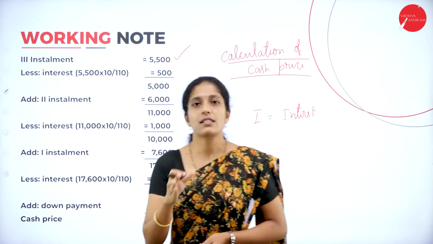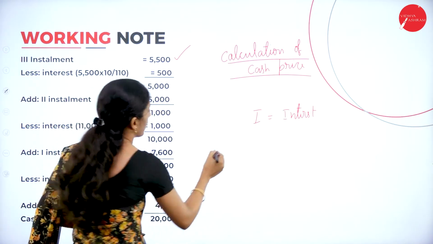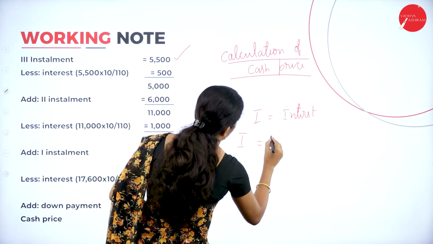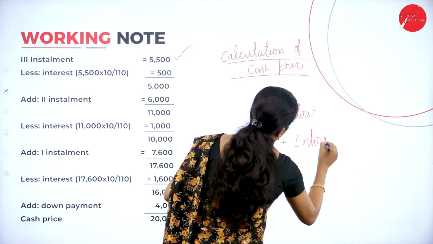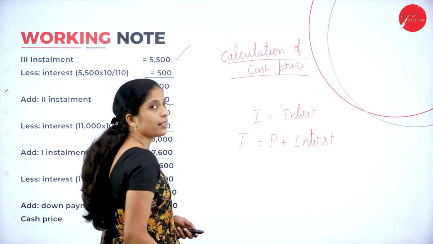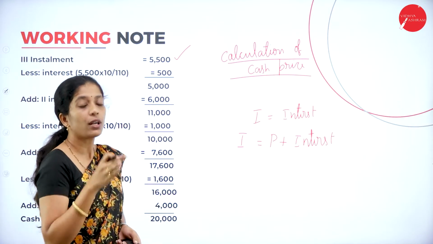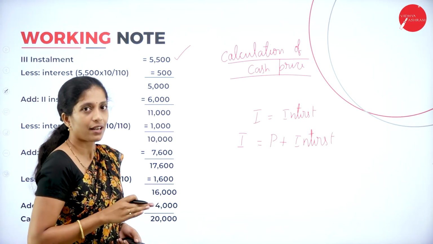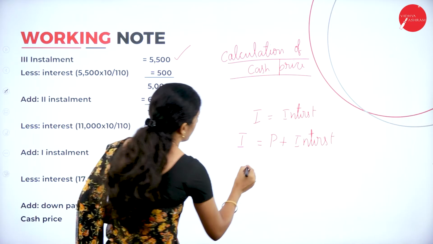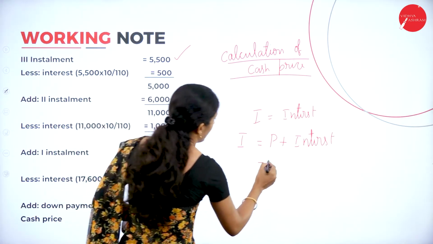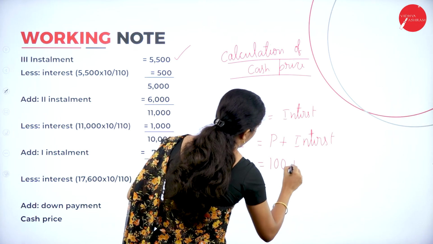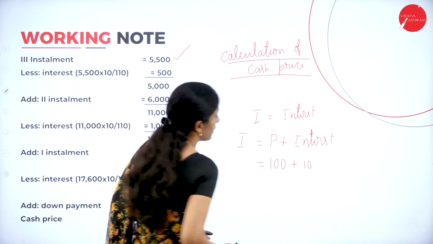Now, what is installment? Installment is equal to principal plus interest. Now, installment should include principal plus interest. Now, what they have told, this installment includes interest also. So, principal, let's assume that principal is 100 and interest is how much? 10%.